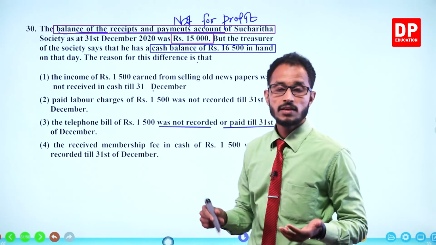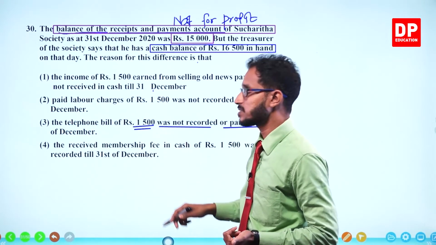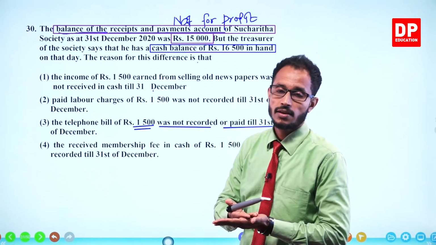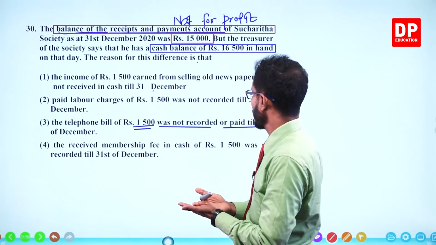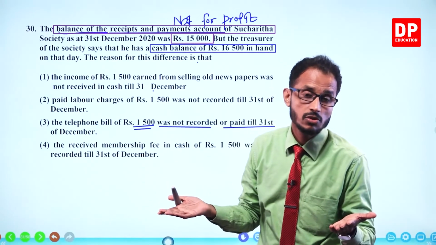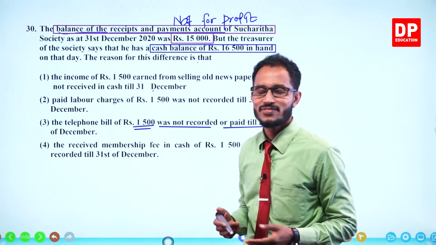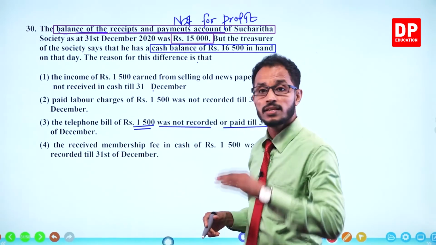If it was not paid, that telephone bill amount 1,500 is at hand. Then the treasurer is having that 1,500, but if it was not recorded also, the cash balance cannot be deducted.